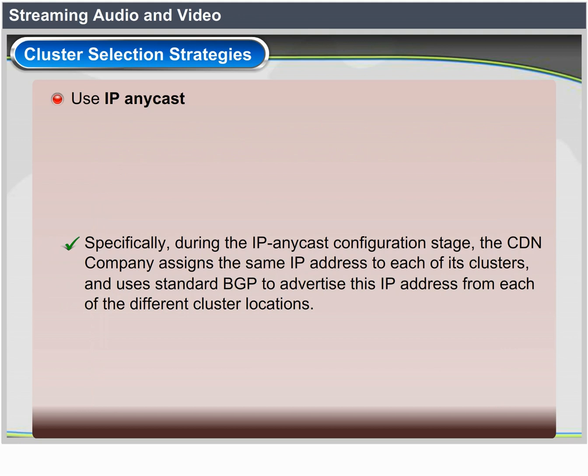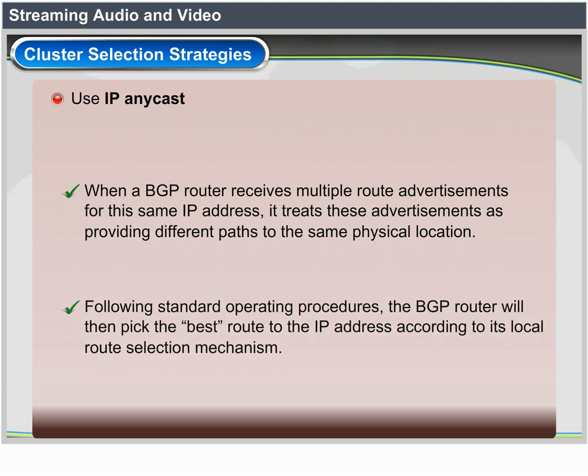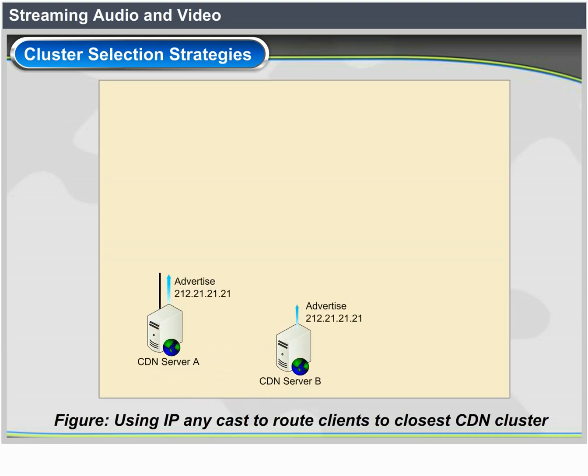When a BGP router receives multiple route advertisements for this same IP address, it treats these advertisements as providing different paths to the same physical location. Following standard operating procedures, the BGP router will then pick the best route to the IP address according to its local route selection mechanism. Figure: using IP Anycast to route clients to the closest CDN cluster.